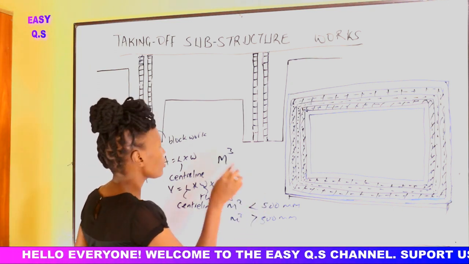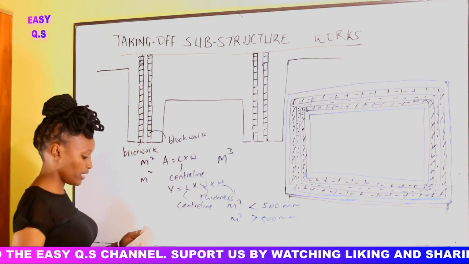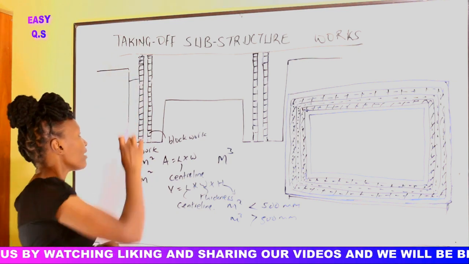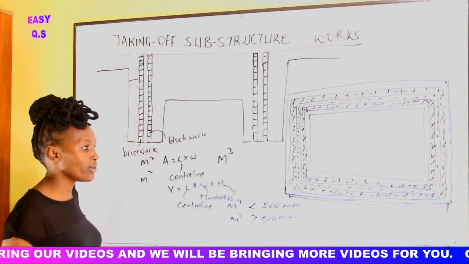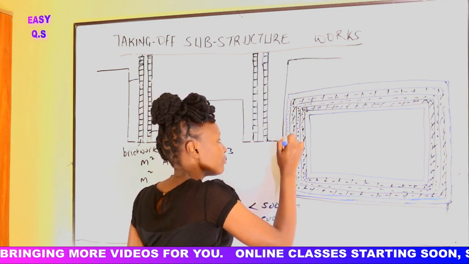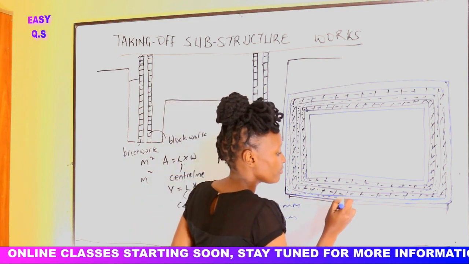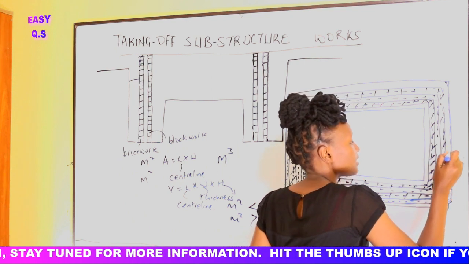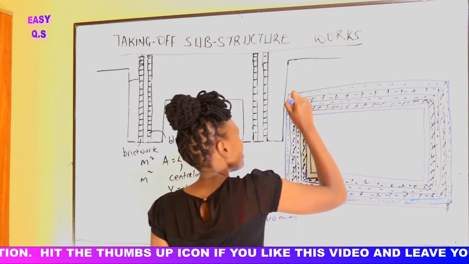So let's see how we do it. To fill the soil, this outside here, up to where should we fill it? We should fill it up to a level here. So to fill this volume of soil all around the building, how do we calculate it? We shall take the center line of this external trench, this center line of this foundation spread on the outside. In other words, this is the spread on the outside. So we should find the center line of this one.